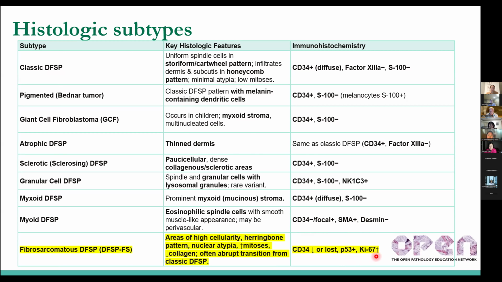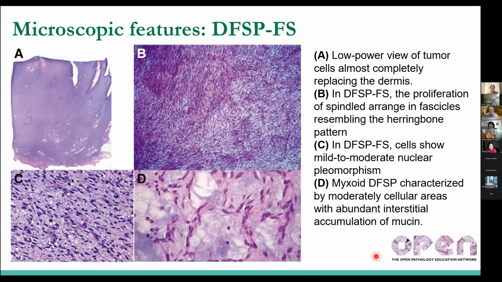So we'll take a look at our fibrosarcomatous transformation here. You can see the difference in the low power view. It is more infiltrative than our classic one, so it is almost completely replacing the dermis itself.